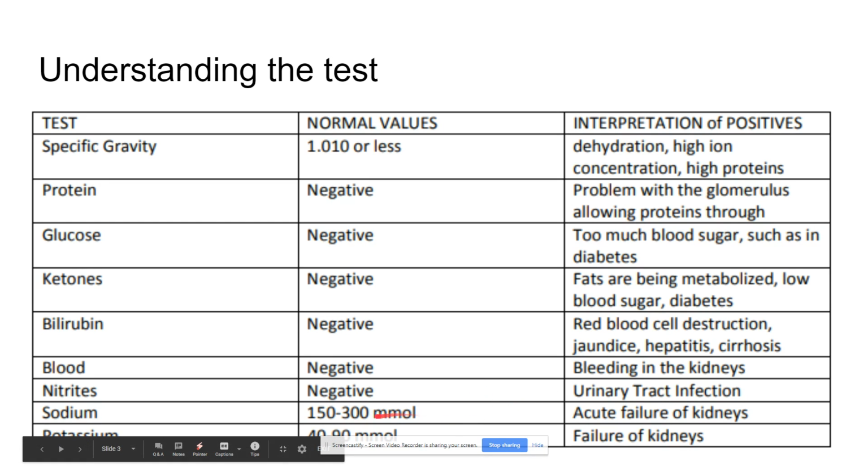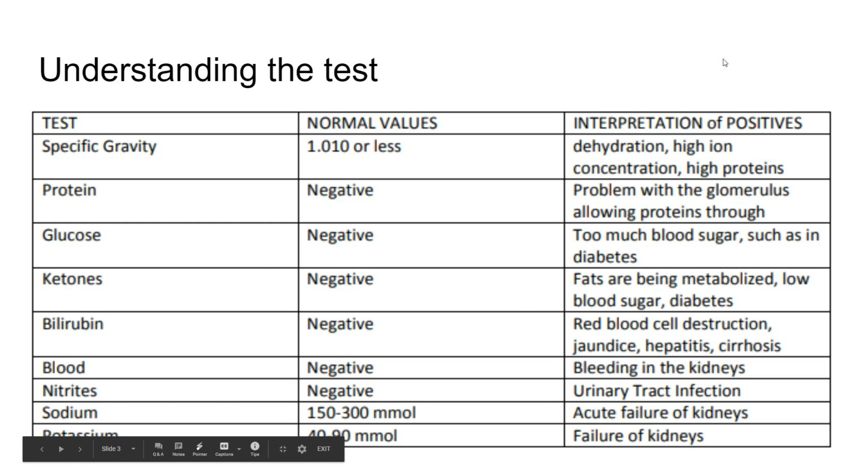Sodium, we would want in this threshold of 150 to 300 millimoles, and if it's outside of that threshold, it's showing that you might have some kidney failure there, and this is probably a start into dialysis and other things that might have to happen. Okay, the same thing for potassium would also show kidney failure.